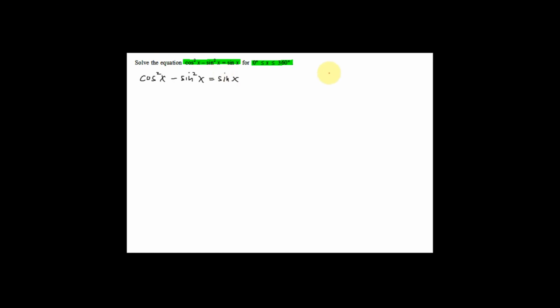Remember, for your basic trigonometric identity, you have one formula, sin square x plus cos square x equals 1. You can see here you have one term sin x, so I'll change my cos square x to 1 minus sin square x.